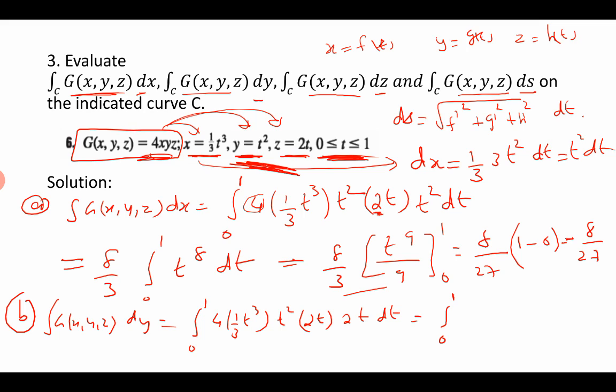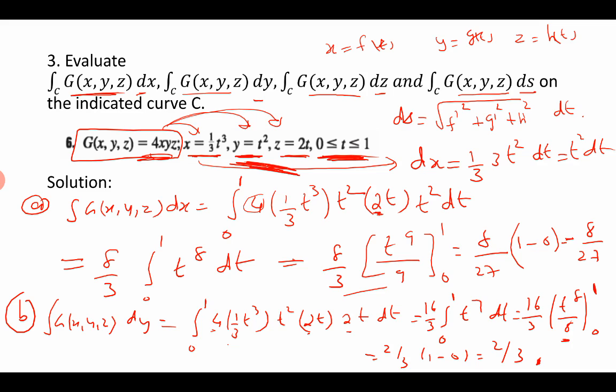What's the constant? 4 into 2 into 2, 16 over 3. 16 over 3 is constant. T cube, t to the power 5, 6, 7, t to the power 7 dt. So 16 over 3, t raised to 8 over 8. When you integrate, the degree will increase, from 0 to 1. So 16 and 8 can be cancelled, it will be 2 over 3 and 1 minus 0. So the answer is 2 over 3.